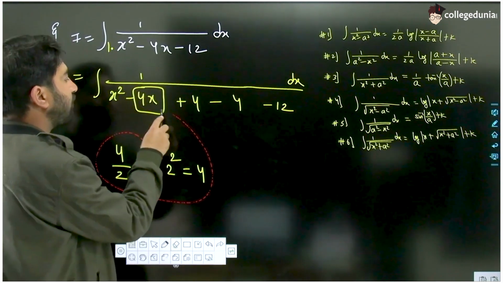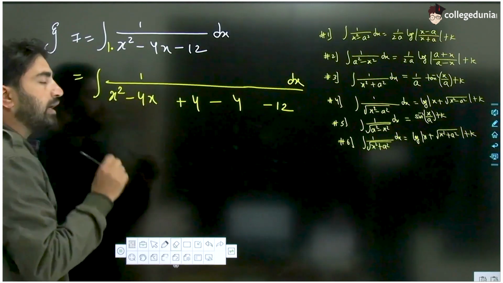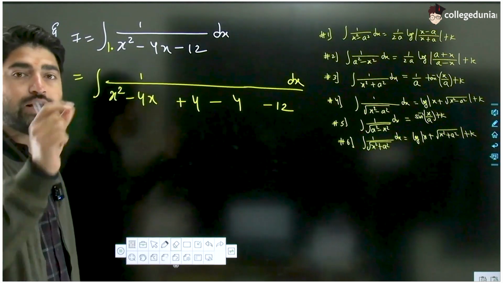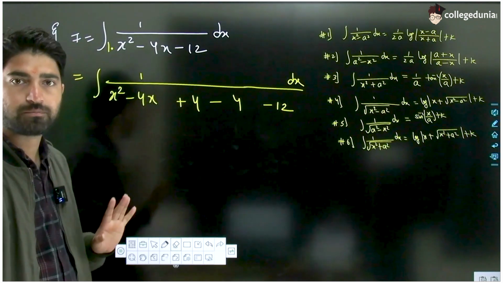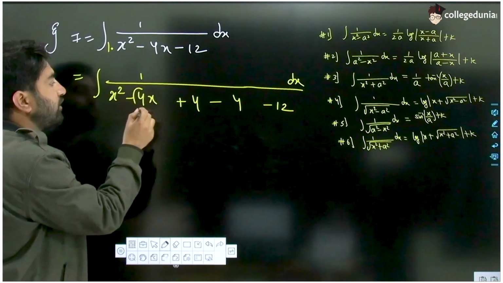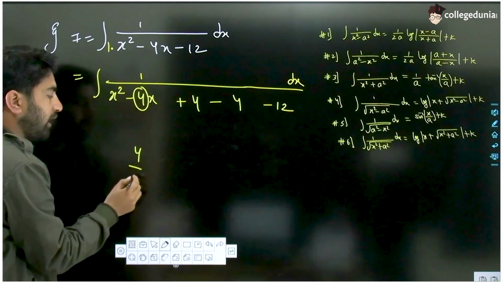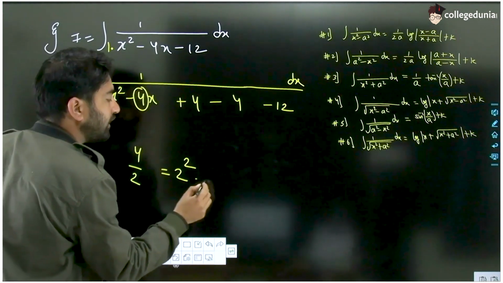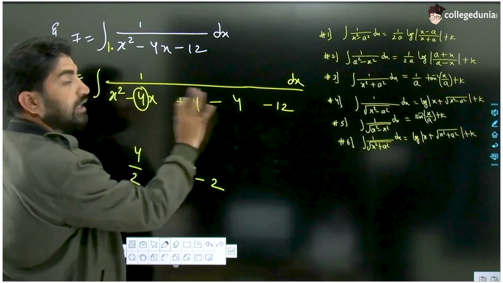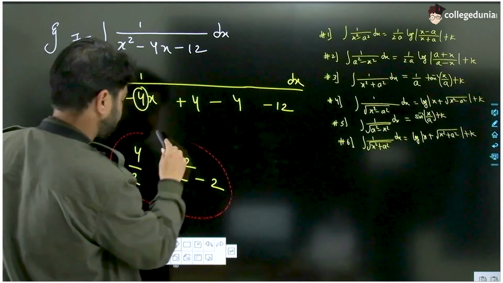Whatever is the coefficient of x, it will be halved, and then its square will be added and subtracted from the denominator. Why so?